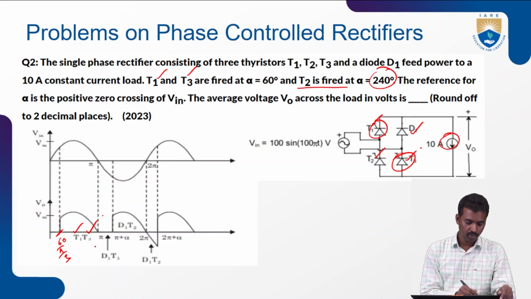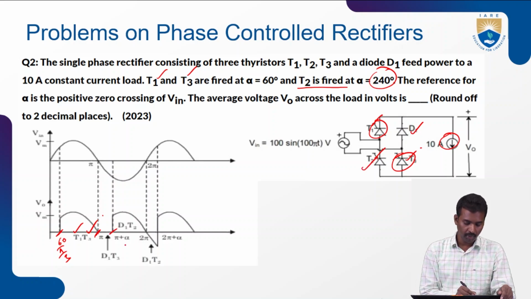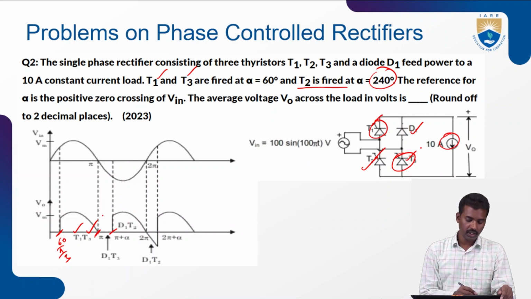It is up to 180 degrees, pi, and in the next cycle T2 is fired. This T2 is fired at pi plus alpha, that means 240 degrees. So in the duration pi to pi plus alpha, T1 and T3 conduct.